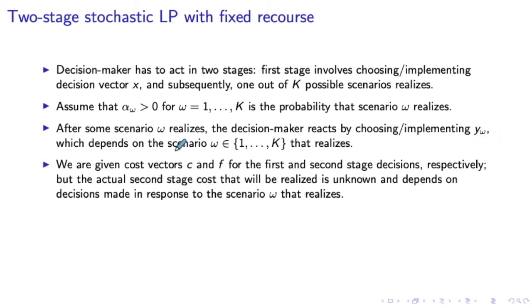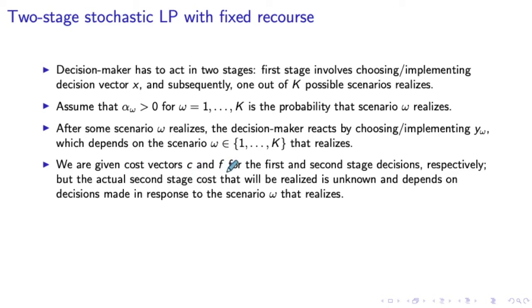Next, we discuss the objective function. We are given cost vectors c and f for the first and second stage decision variables respectively. In particular, the first part of the objective function will be c transposed x, so this is the cost corresponding to the first stage decision, and in our farming example that was given by the planting cost.